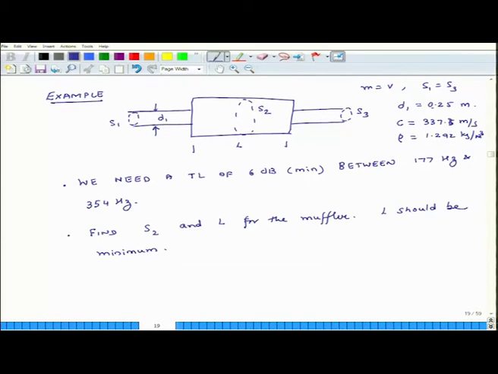This is the problem. We know the cross sectional area S1 and cross sectional area S3, because M is equal to V, and S2 we do not know, we also do not know the length of this chamber, and the requirement is that we need a minimum of 6 decibels between 177 and 354 hertz. So, with these data we have to figure out the value of S2 and L.